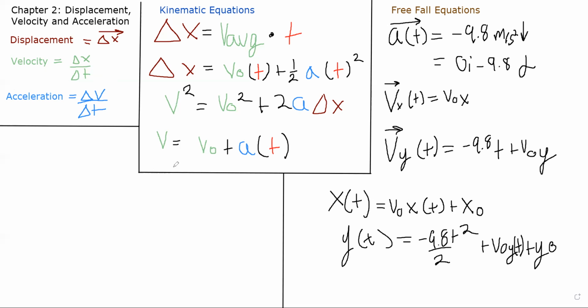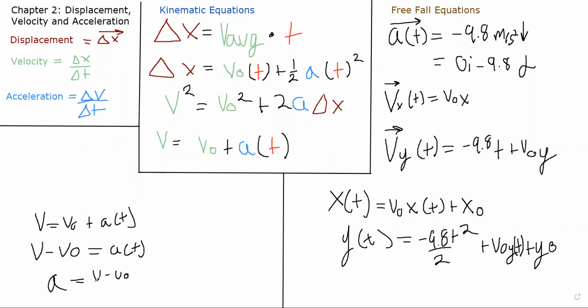And what I mean by that is, let's say you start off with your v equals v0 plus a times t. What that would actually look like is you'd end up having v minus v0, if you move that over, equals at. Now this is going to look a little bit similar, because then you'll have a equals v minus v0 over t.